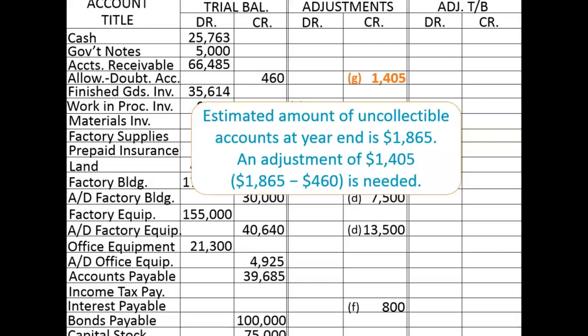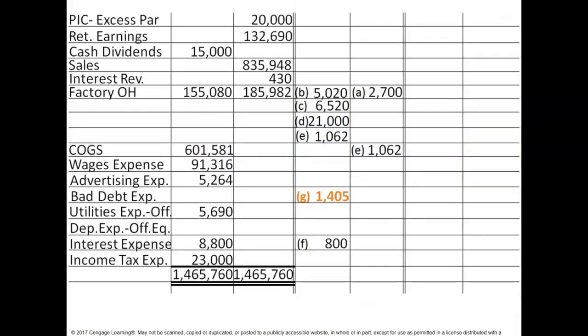So we've got an adjustment of 1,405 that's needed because we had originally allowed only 460, but it turned out it was more than that. And then we have a bad debt expense for the 1,405.